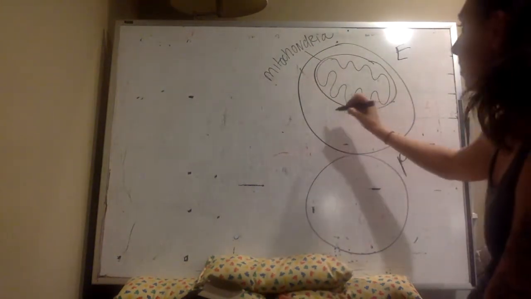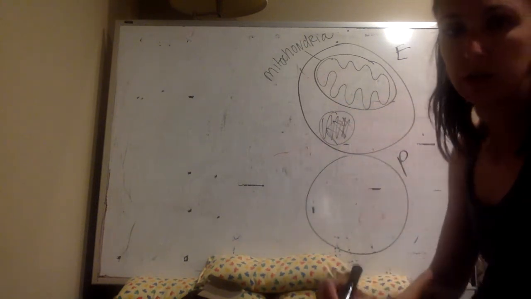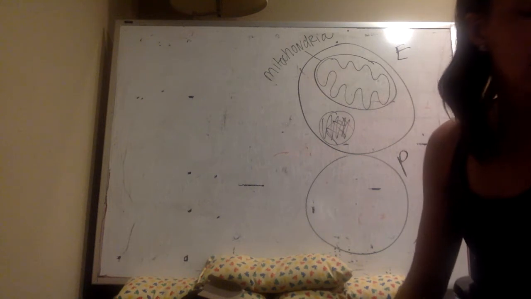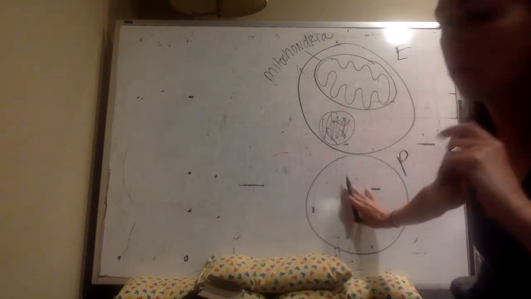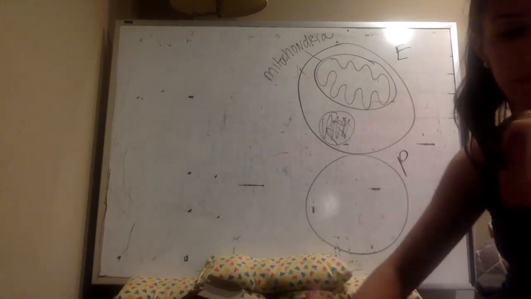So that's mitochondria. That can be our nucleus. And remember prokaryotes do not have membrane-bound organelles, so I didn't draw anything in this one.